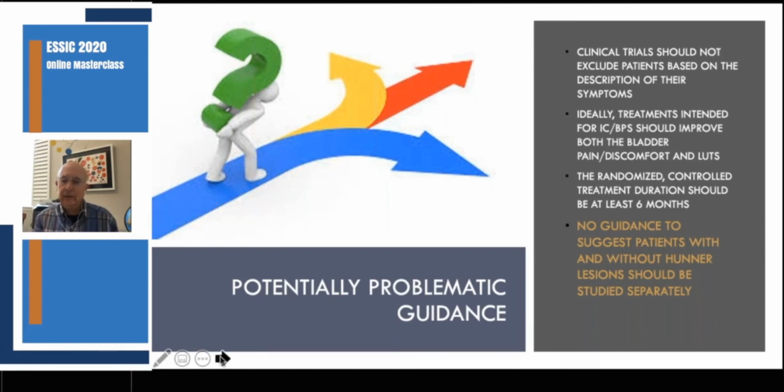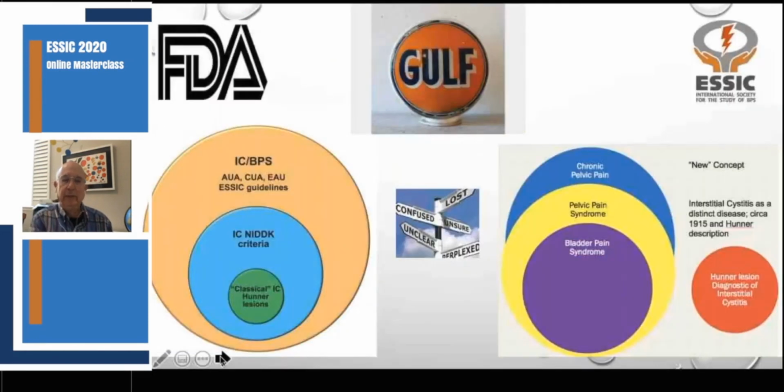And this takes us back a dozen years or more. And I really think one of the reasons that we haven't had a drug approved since 1996, when Elmiron was approved, is because we haven't properly phenotyped these patients, and that we've included Hunner lesion patients with non-Hunner lesion patients.